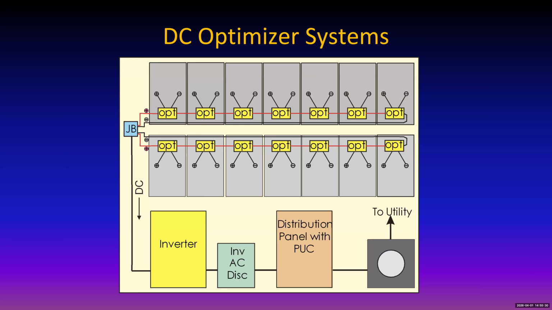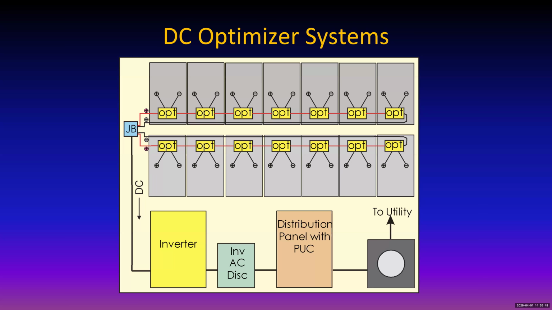And they carry that conversation on second by second as the sun shines. And as a result, we have a very efficient conversion of the DC from the modules produced directly into a DC that goes through the inverter.